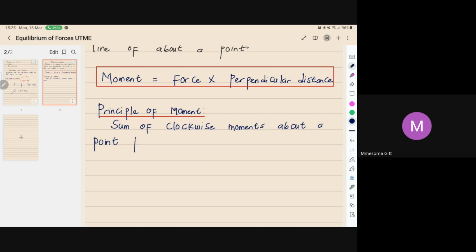The sum of clockwise moments about point P is actually equal to the sum of anti-clockwise moments about the same point.